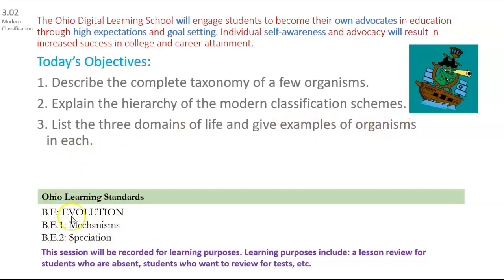We're still working on the evolution state standards and looking at how organisms are related evolutionarily through their similarities and differences. We're doing a little bit of a review from Lesson 1 and expanding upon that.